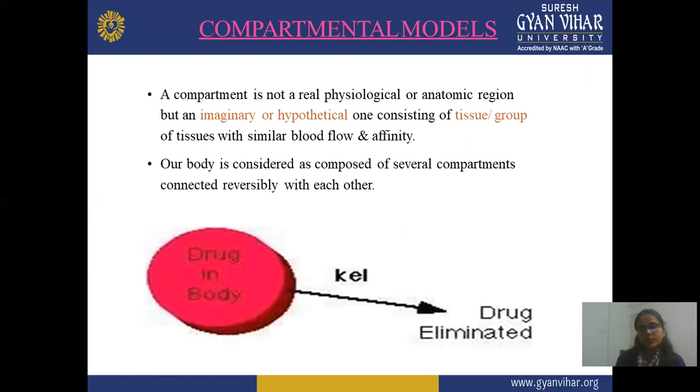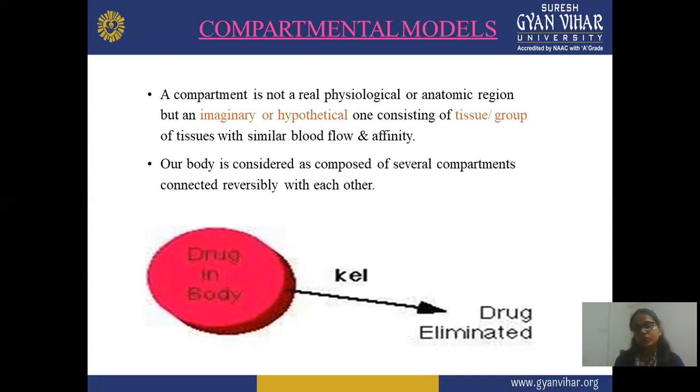And next is the compartmental model. A compartment is not a real physiological or anatomical region, but an imaginary or hypothetical one, consisting of a tissue or group of tissues with similar blood flow and affinity.